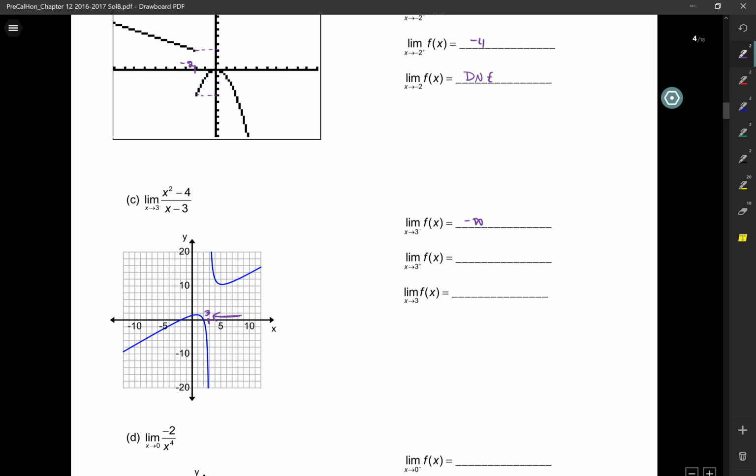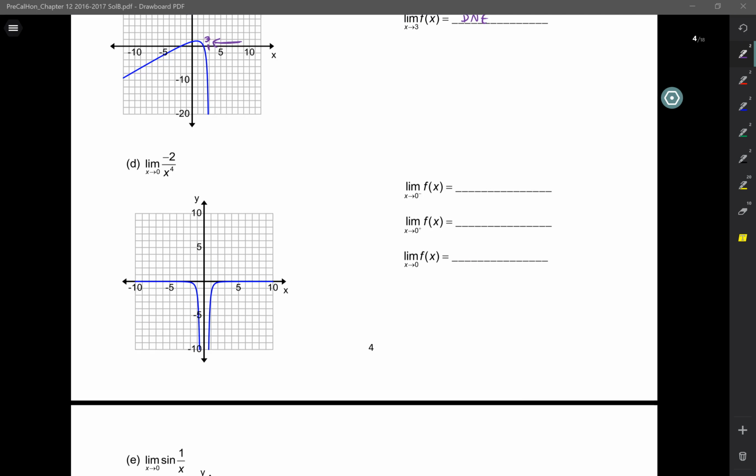This is rational equation town now. As you approach from the right-hand side, it goes to positive infinity. Now, this is important, so listen. Left and right limits are not the same. So it's DNE. Okay?